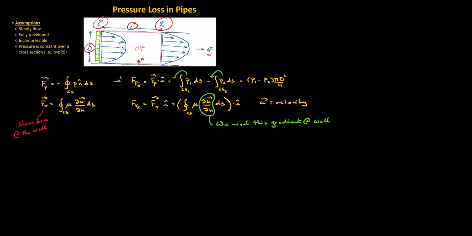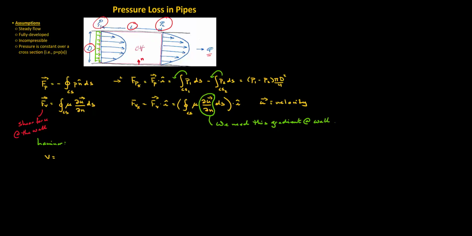Okay, and so how do we go about this? Can we know this gradient in advance? In fact, for a laminar flow, we actually do have an accurate velocity profile.